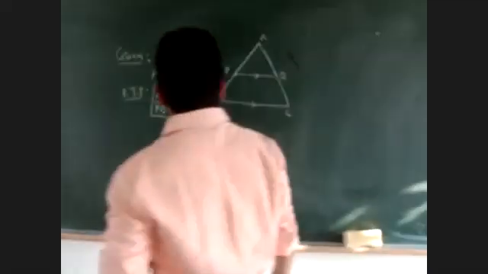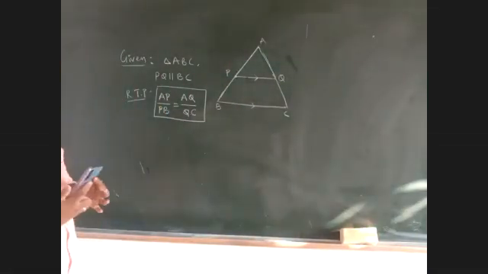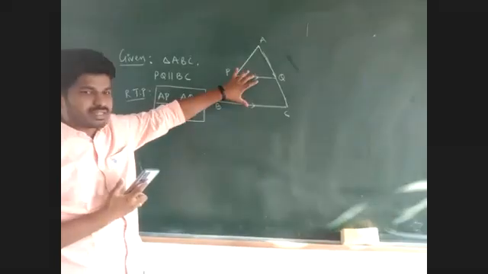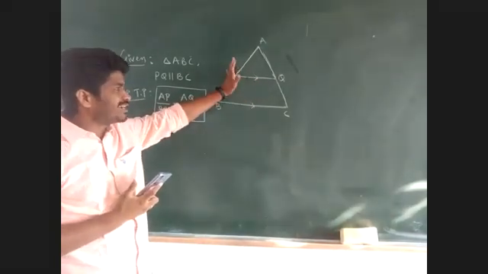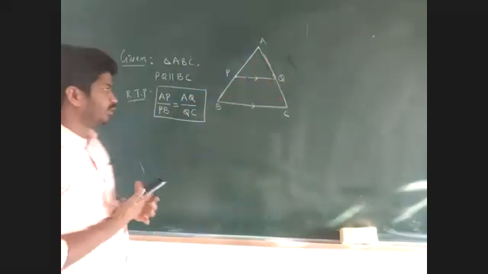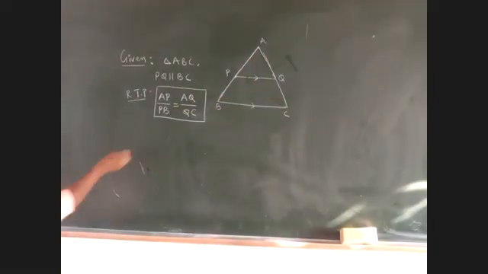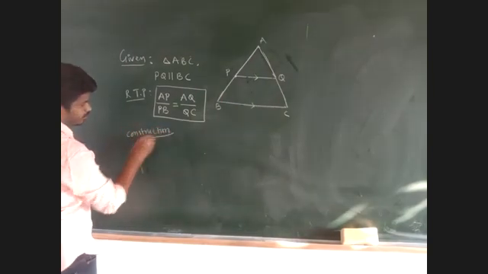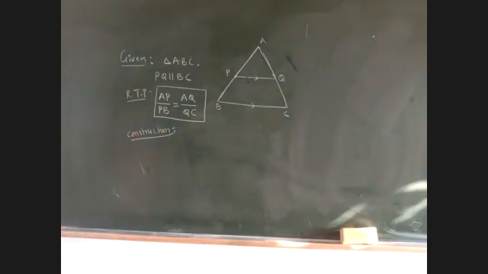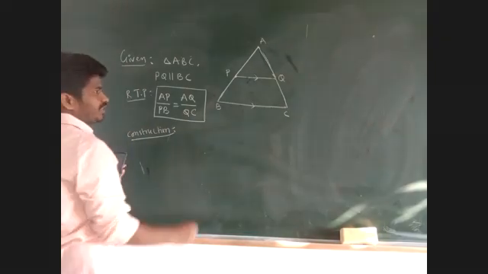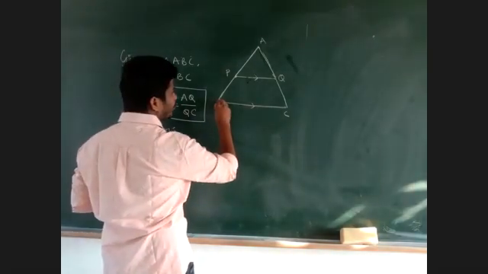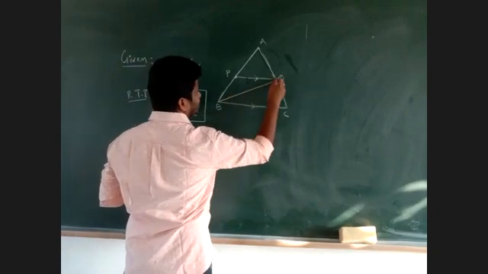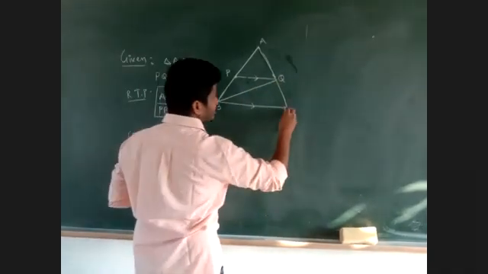In this basic proportionality theorem, I can prove that if a line is parallel to any one side of a triangle, then that line divides the other two sides in the same ratio. Now I am going to make a small construction. That construction is: join BQ, similarly PC.